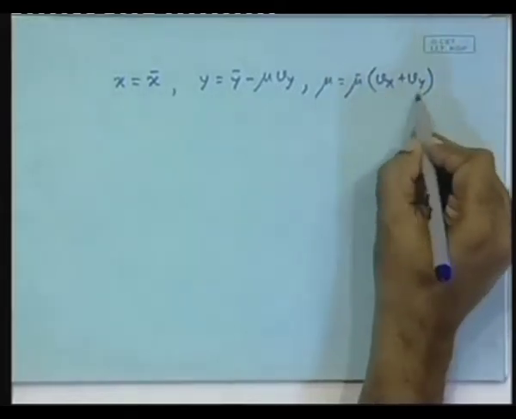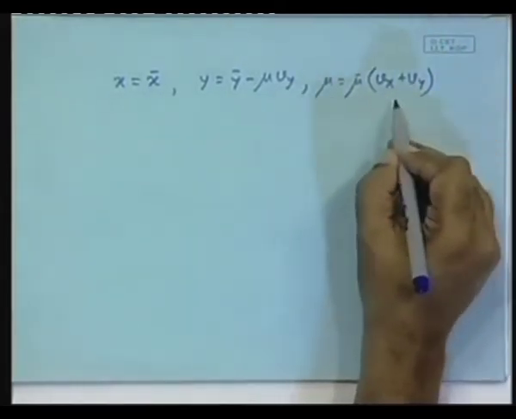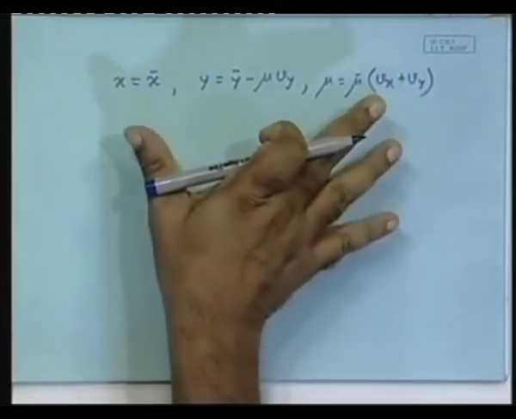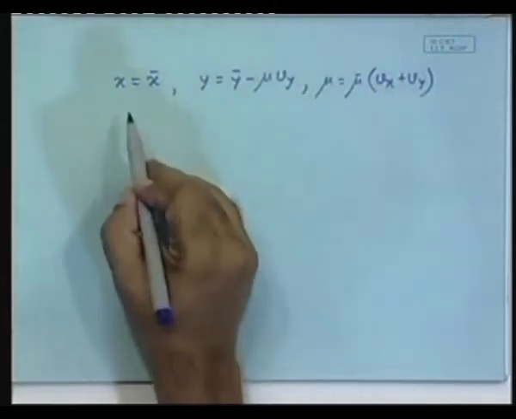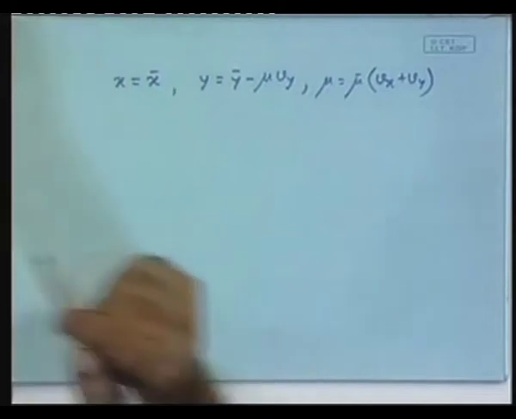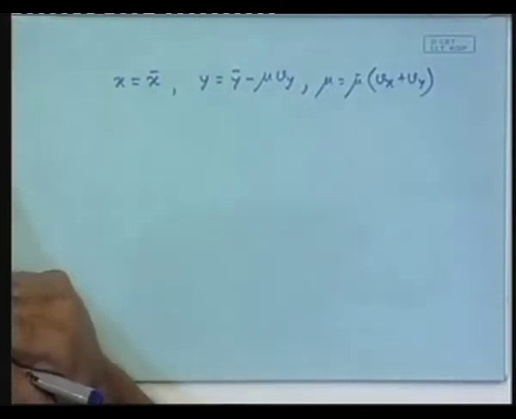We assume that Vx plus Vy is not equal to 0, then only this works. If we make this coordinate transformation, then we have x, y and mu, right.